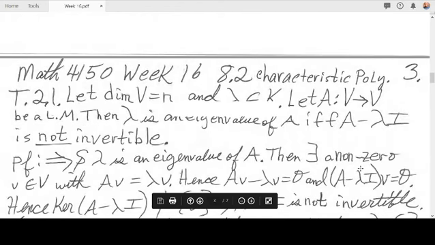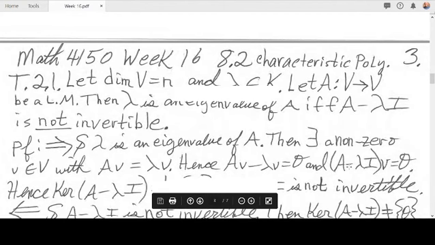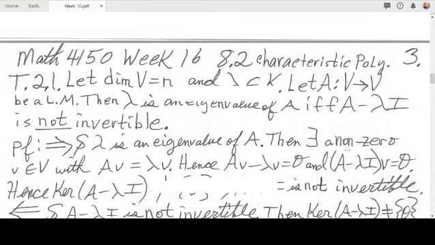Now, we're going to get that definition in just a moment, but next let us consider again vector space V having dimension n and lambda, a scalar, and linear operator A. Then lambda is an eigenvalue of A if and only if A minus lambda I is not invertible.